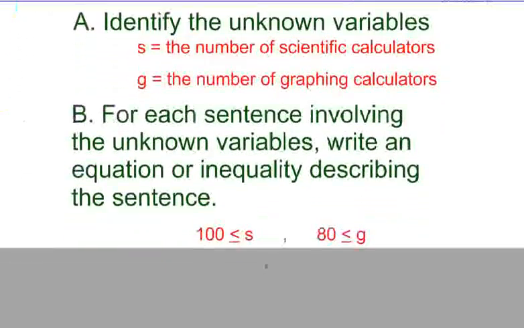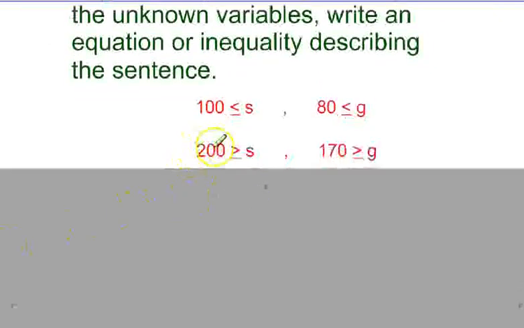That is represented with these 2 inequalities: S is less than or equal to 200 and G is less than or equal to 170. If we take a look at this, we see that there are some limitations with S in this group and some limitations with G in this group.